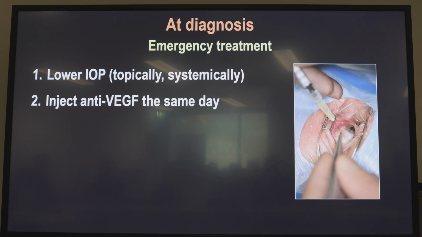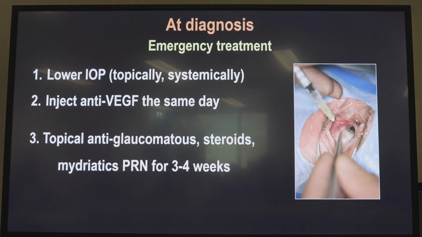And if you have 40 millimeters of mercury, then you first put them on Diamox, whatever, you use all the drops, so you get to 20 millimeters of mercury, and then inject the same day. Then you also put them on anti-glaucoma drops, steroid drops, atropine, until you see them 4 weeks later. In between, you ask the general ophthalmologist to check the pressure, and usually the eye is quiet. All the early, fresh rubeosis has disappeared.